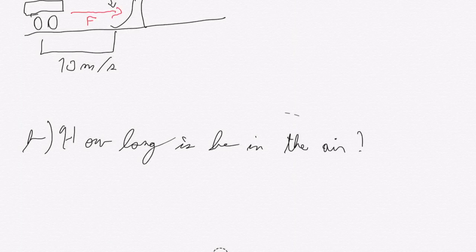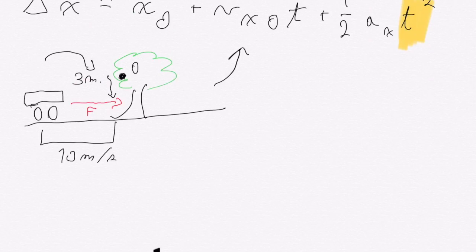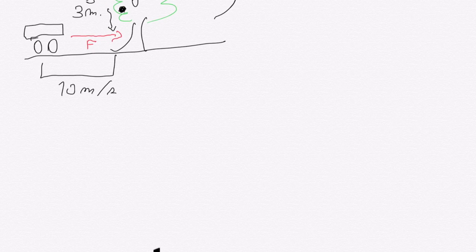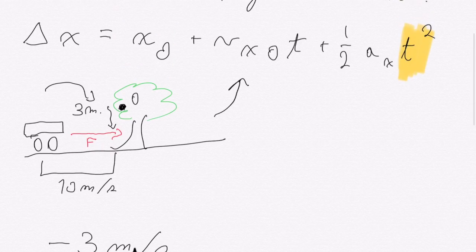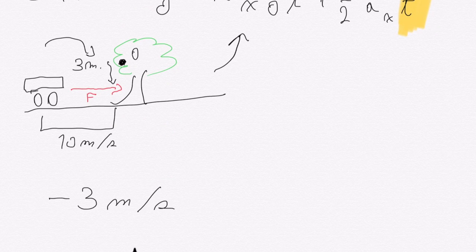Of course, I forgot to move this question down more, it's taking up a lot of room. Okay, so what do we know? Well, we know that this is negative 3 meters, right? So if this is negative 3 meters, then this has to equal, if you look up here, the initial position 0, plus the initial velocity, which is also 0, multiplied by t, and anything multiplied by 0 is 0, plus 1/2.